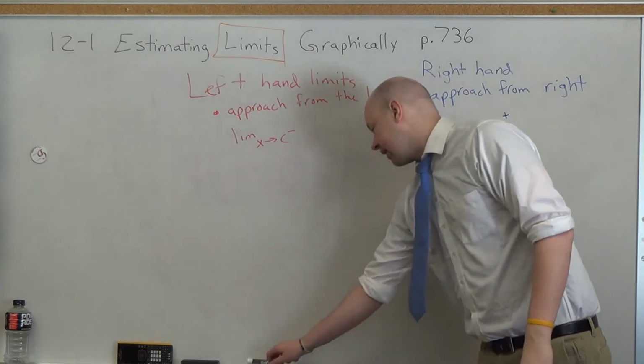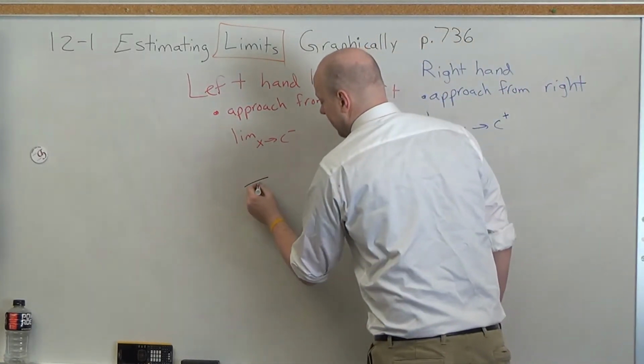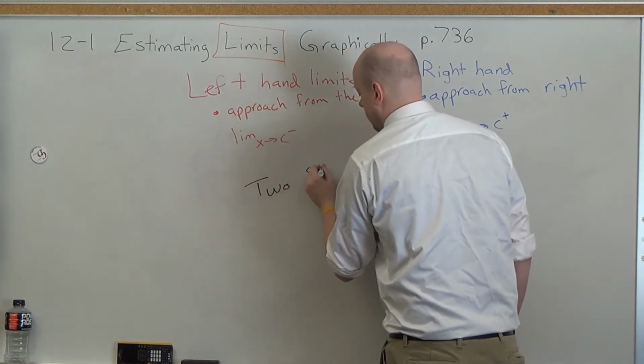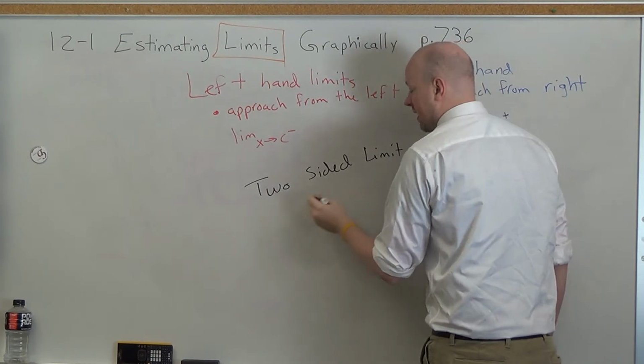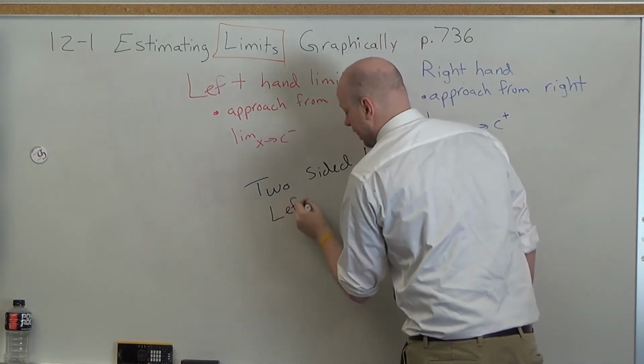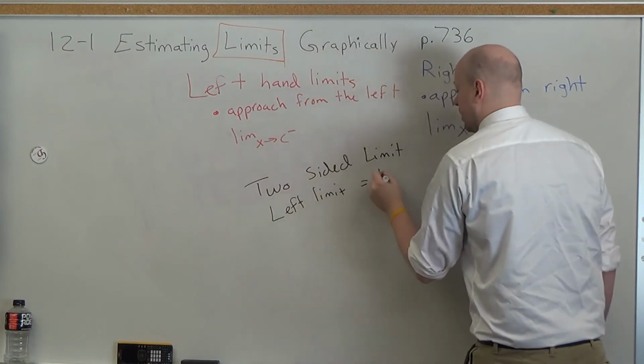So the big thing that we've been doing so far have been two-sided limits. For a two-sided limit to exist, the left limit has to equal the right limit.